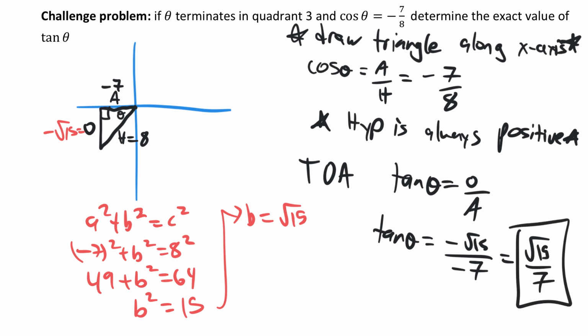Boom, there's my answer. Now, one last thing we can do to check, if you remember the CAST rule, in quadrant 3, tan is supposed to be positive, which it is. We have a positive root 15 over 7, so that's definitely the correct answer.